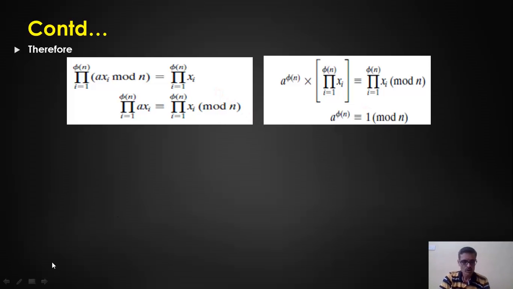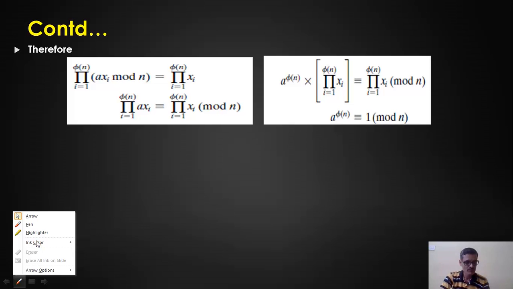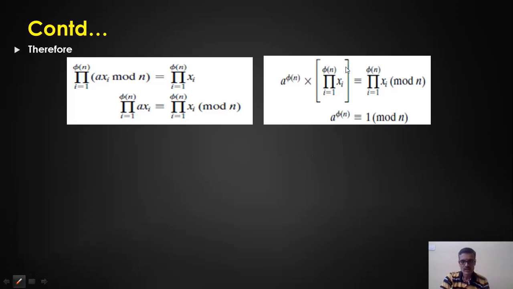So we can cancel out this and this. So this comes out to be 1. That is, a to the power phi of n is congruent to 1 mod n.